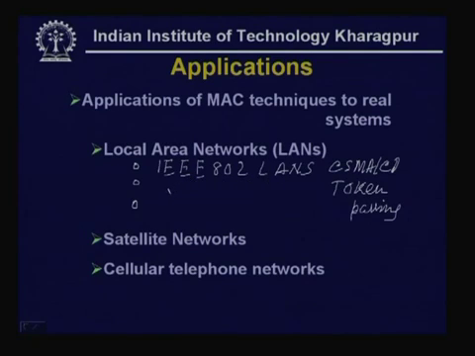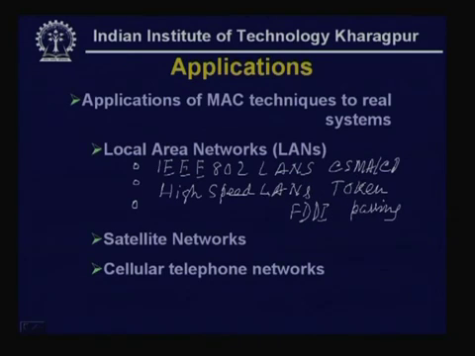We shall also discuss the high speed LANs, where these medium access control techniques are used, based on CSMA CD, which are essentially fast Ethernet, gigabit Ethernet, and also FDDI, fiber distributed data interface, which uses token passing protocol.